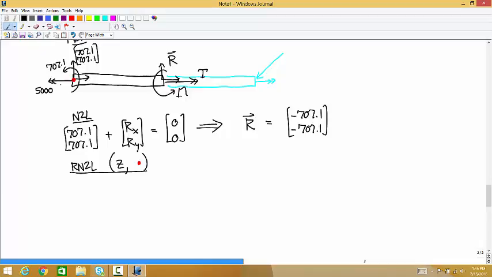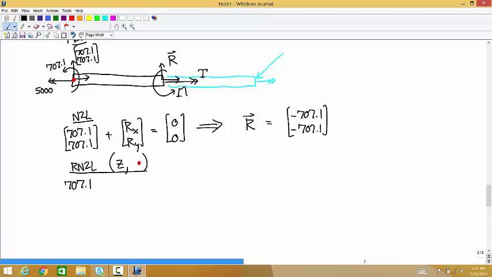Okay, so does the 5,000 apply a moment about the z-axis? Nope. The 707? Yes, so positive 707.1. The force at the left end point? No, because it's acting at the about point.